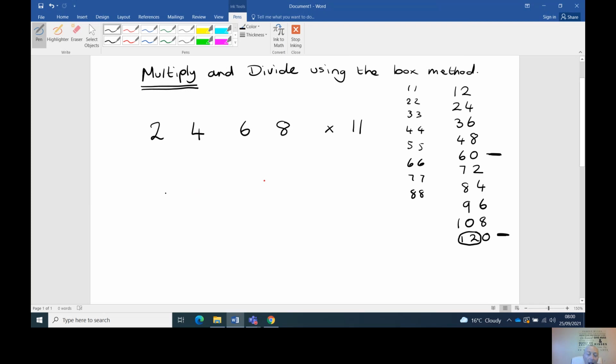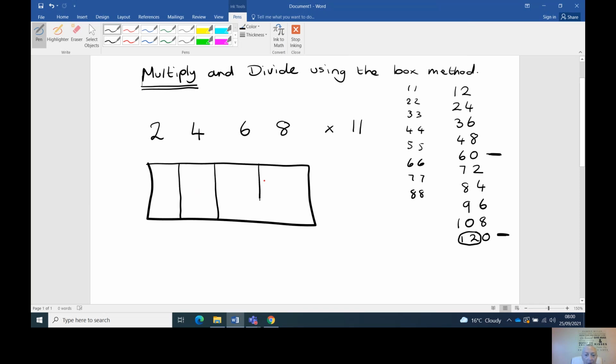Right. So I'm going to do it a little bit quicker, and hopefully you can follow the steps. So I need 1, 2, 3, 4 boxes. And if you show this method in your exam, it's absolutely fine. It's a method. 2, 4, 6, 8.